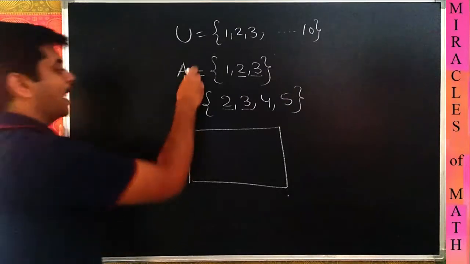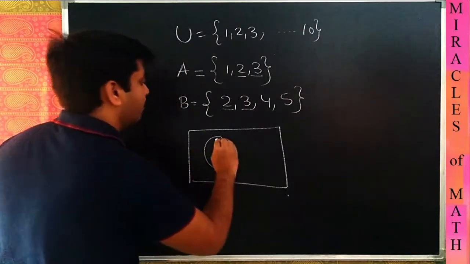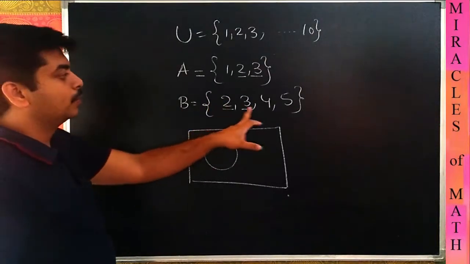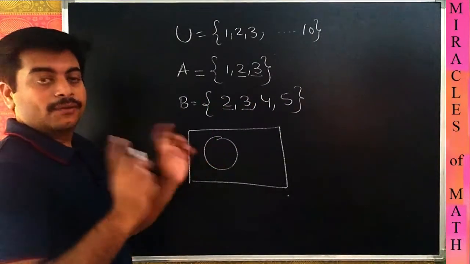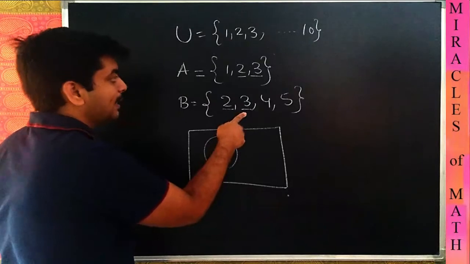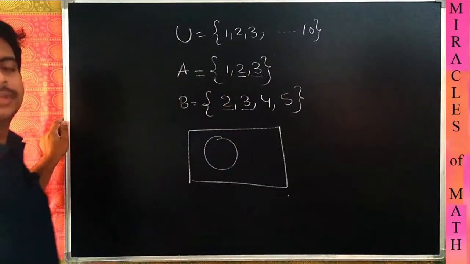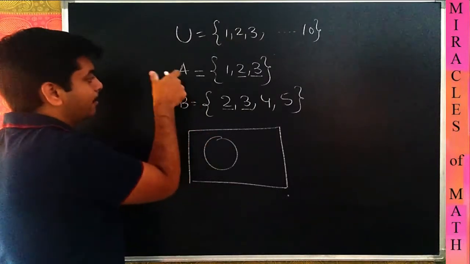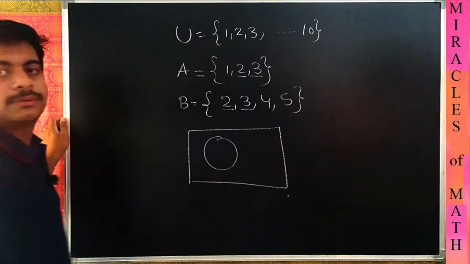In this, we have one circle having 1, 2, 3, and one more circle having 2, 3, 4, 5, where 2, 3 are already included in the first set. That means there is some part common between these two.